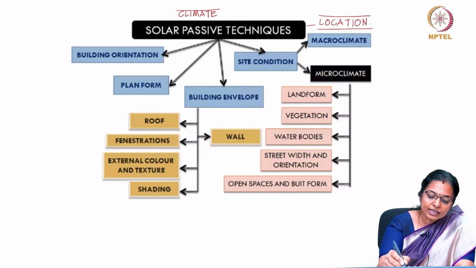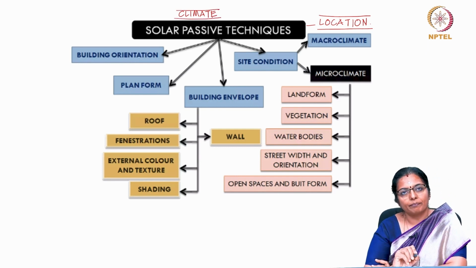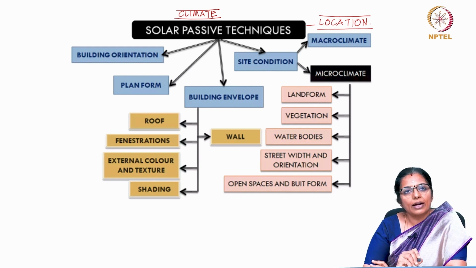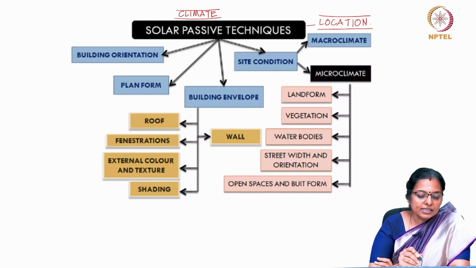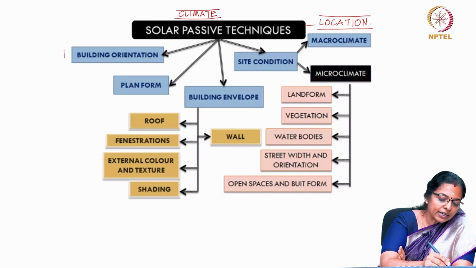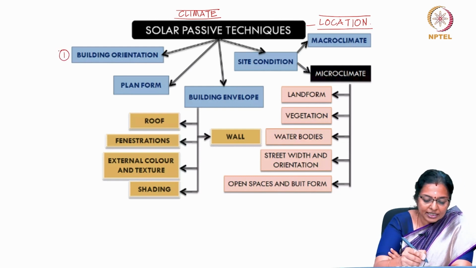Now, let us see what the techniques are very briefly so that we have enough time to delve into them. First is building orientation. So, how do you orient a particular building? Building orientation is directly related to the plan form.